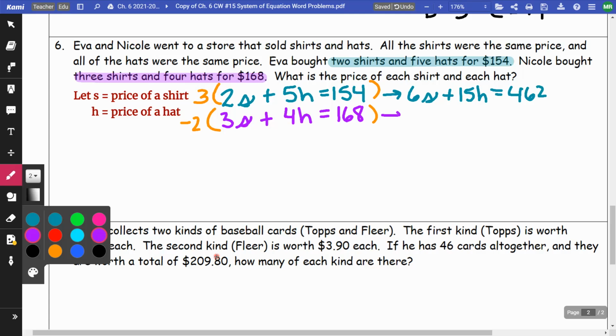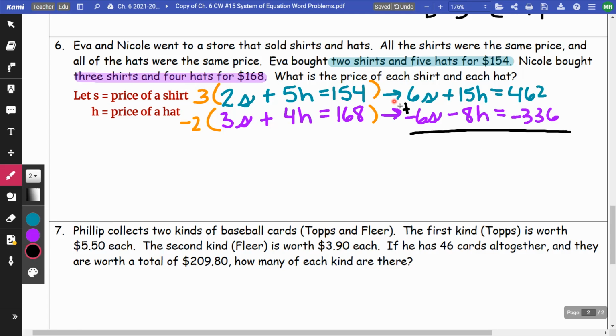My bottom equation, when I multiply by -2, I get -6S minus 8H, and 168 times -2 is -336.